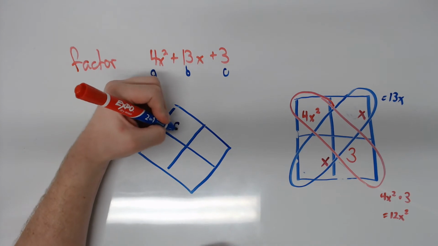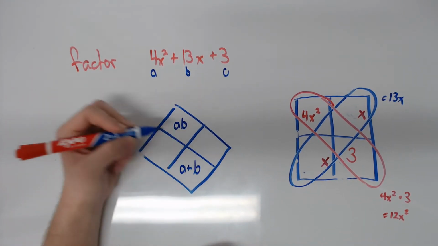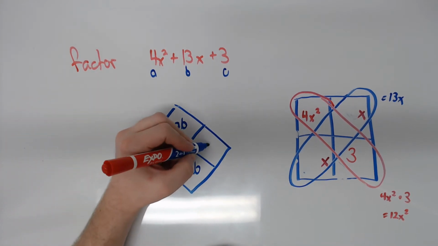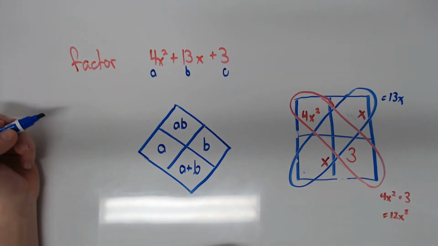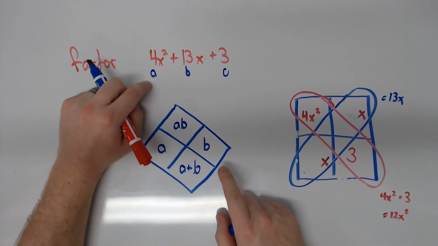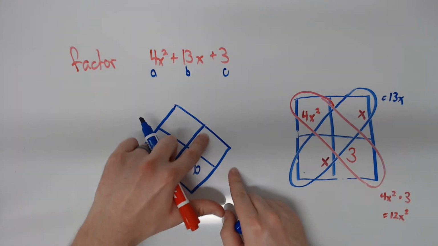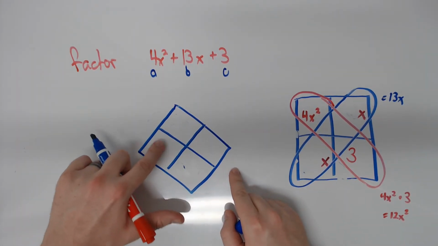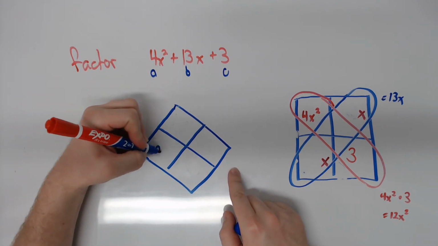So the top number is the product. The bottom number is the sum. The left and right numbers are your A and your B. All right. These A's and B's aren't the same as these A's and B's. I know that might be confusing. These can be any two letters. Let's use M and N.